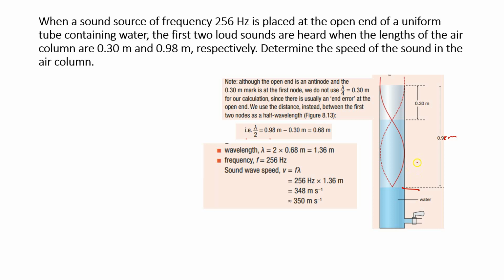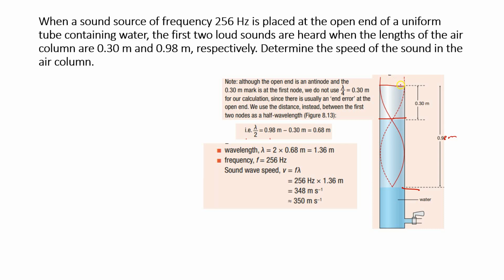Now, to prevent an error in this experiment, we will not consider the distance to the first antinode. The reason for that is that at this open end, there will be what we call an end error.